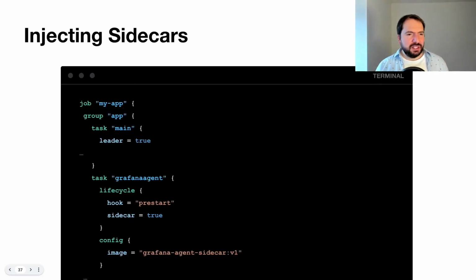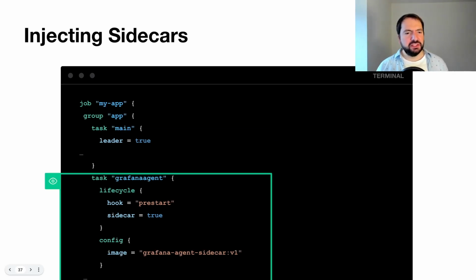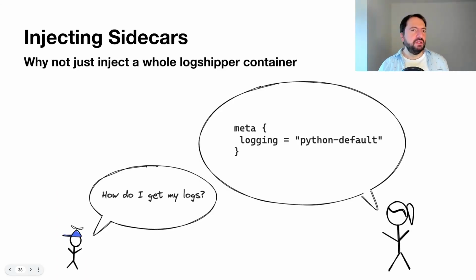So how would this look in Nomad? I have to add this leader part in my main task, and then also attach this whole task in here. That's doable, but still, with the admission control proxy, why not make it way simpler and say, hey, I'm going to ask for logging equals the logging format my application uses, and let this inject my sidecar.